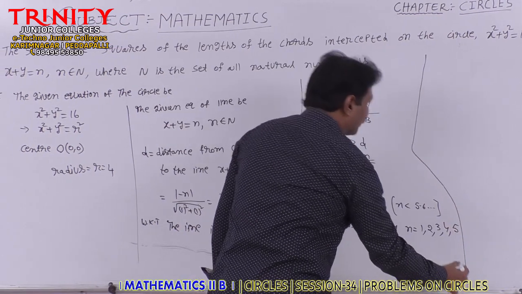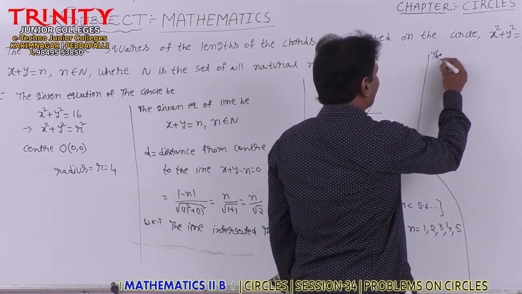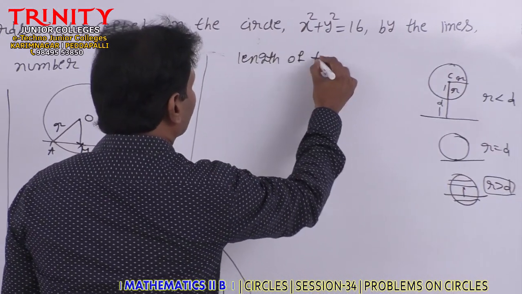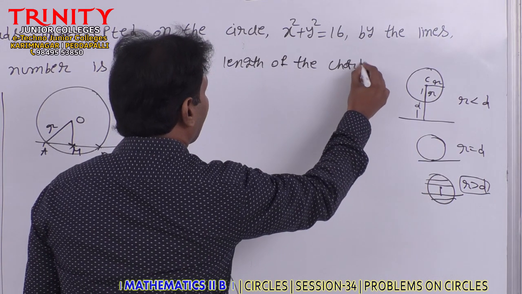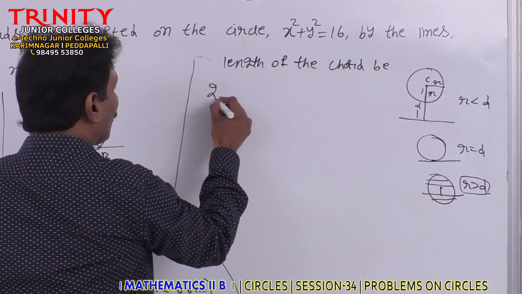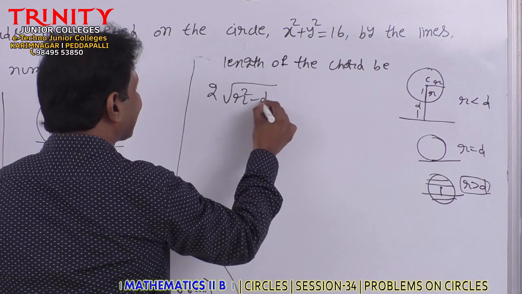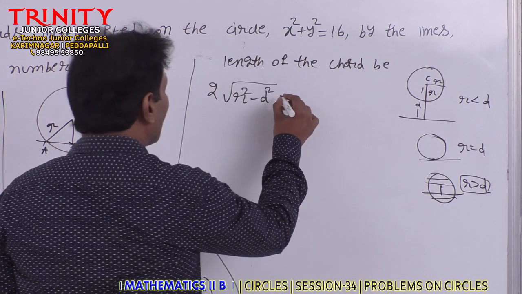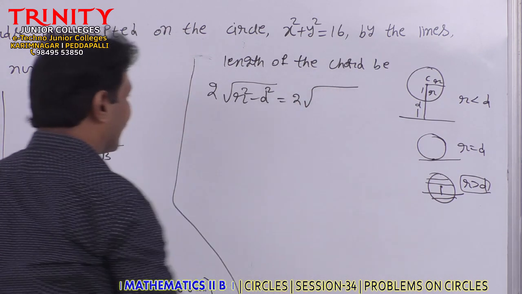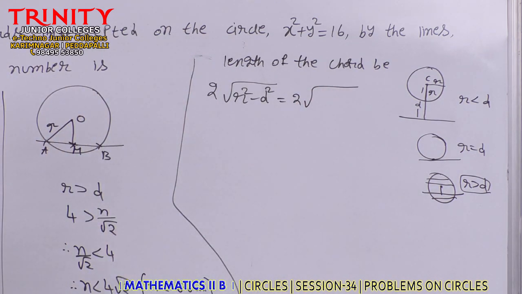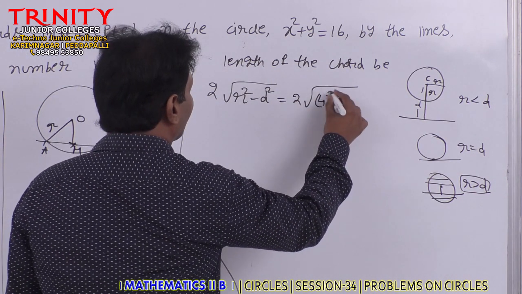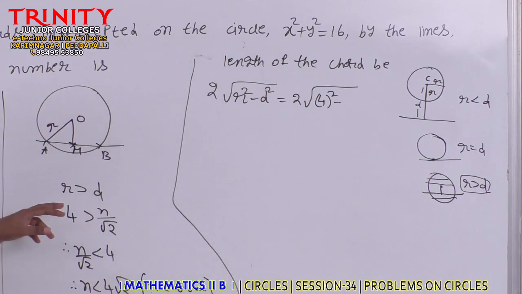We know that the length of the chord is 2 into square root of r square minus d square, where r is the radius of the circle. Here the radius of the circle is 4, so r whole square, minus d square, where d is the perpendicular distance from the center to the line, that is n by root 2.